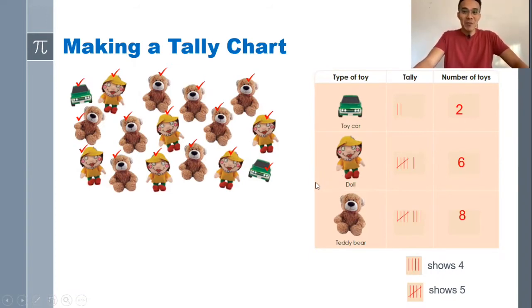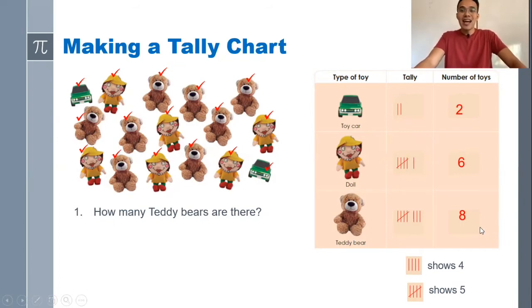Here are some of the questions we can ask about the given tally chart. Number 1, how many teddy bears are there? You don't have to go back to the picture and count the number of teddy bears in the picture. You don't have to do that anymore because you already have your tally chart.